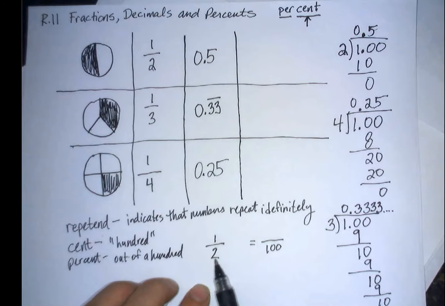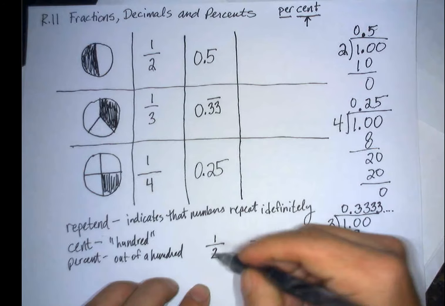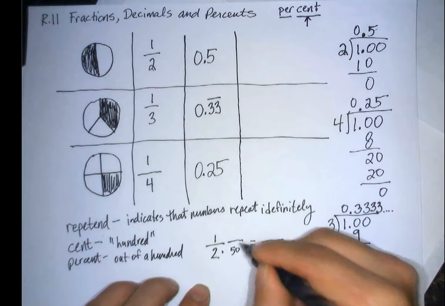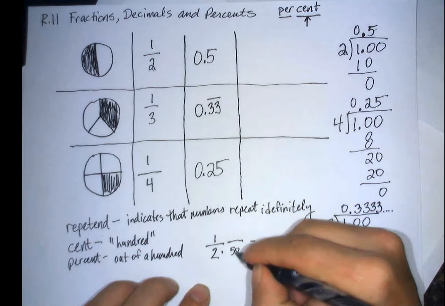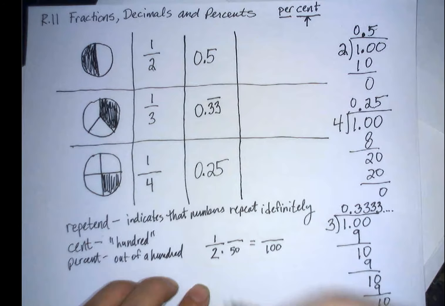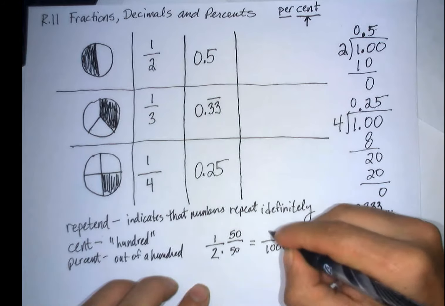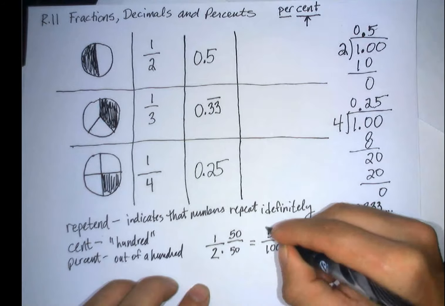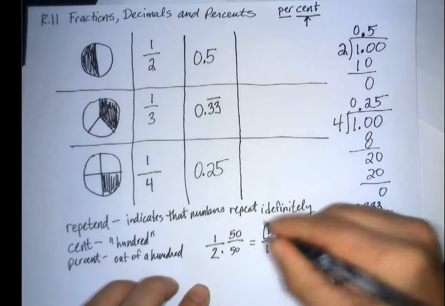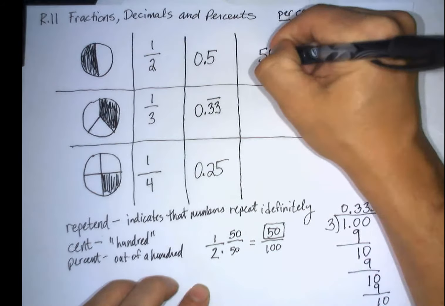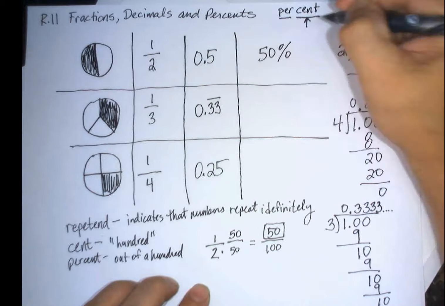So if I multiply 2 times 50, I get 100. But to keep the fraction equivalent, I have to multiply the numerator also. So we can see that this is 50 out of 100. So 1/2 is 50%.